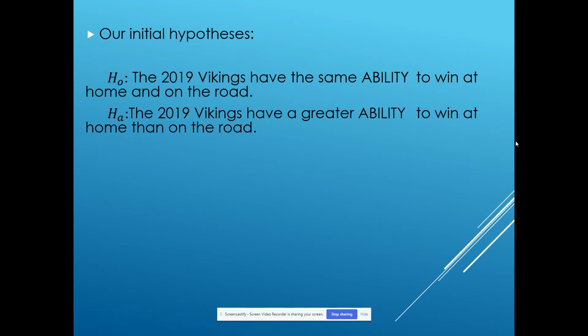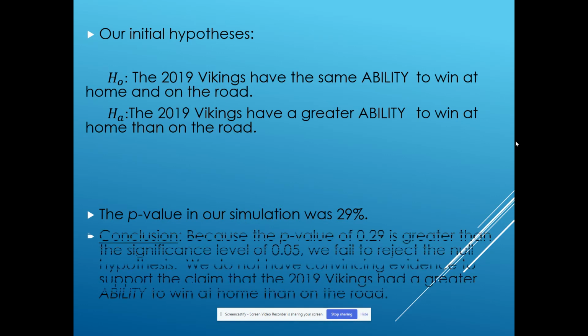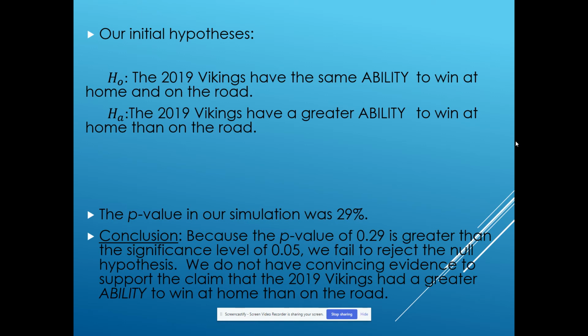So go back to that initial hypothesis again. The 2019 Vikings have the same ability to win on the road was our null hypothesis, and that they have a greater ability to win at home than on the road was our alternative hypothesis. The p-value in this simulation was 29%. Clearly that's too big. So remember, there are three parts we have to include in our conclusion.